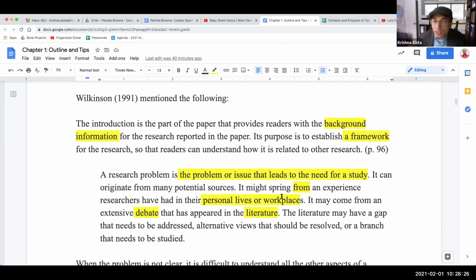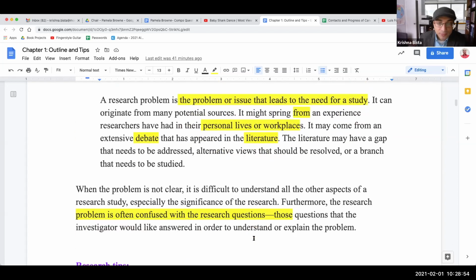This may come from an experience researchers have had in their personal lives or workplaces, or it may come from the extensive debate built from the literature, the published articles. That's where I recommend you start with a few articles to read and have more concise, more relevant, related information to list in your chapter 1.